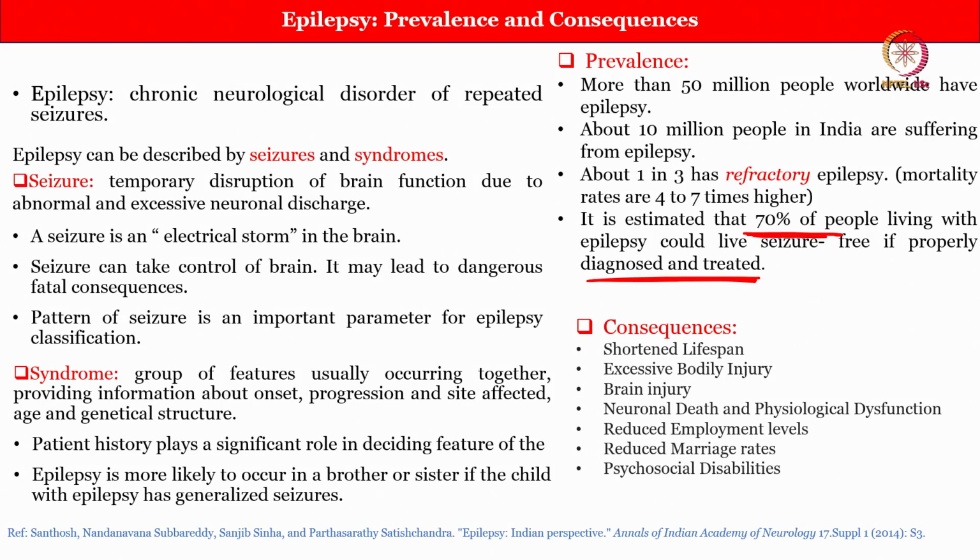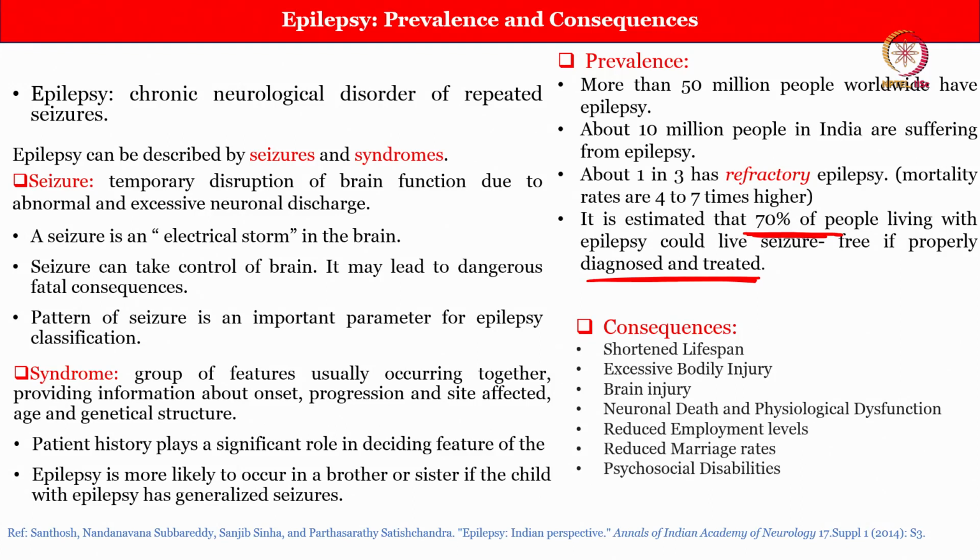Now, what are the consequences of epilepsy? Prevalence is that we know these are the numbers, and if we can find a nice way to diagnose it at an early stage, or correctly diagnose the epilepsy, it will reduce the number of fatal deaths that may occur due to epilepsy.